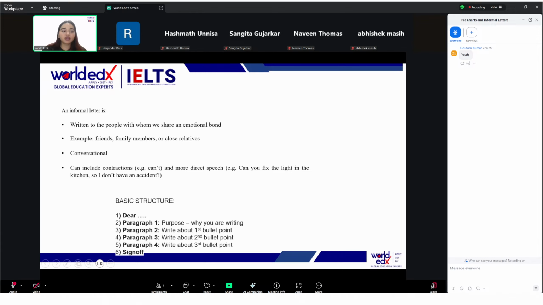Of course, you will not write the full name of your friend, right? You do not address them as, let's say, Harpinder Kaur. If she's your friend, you will definitely not do that. But yes, if it is a formal letter, then you would just say Miss Kaur or Mrs. Kaur, right? Depending upon the marital status. Now, because you know the person, you will not include the surname, only the first name.